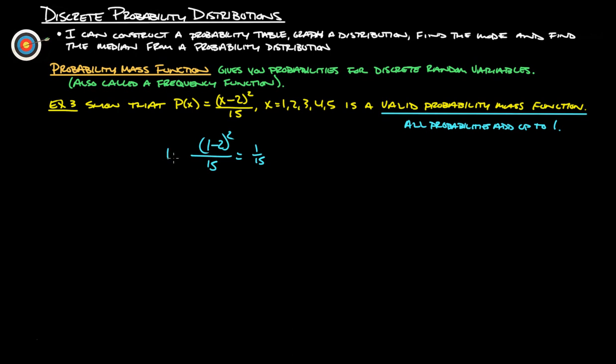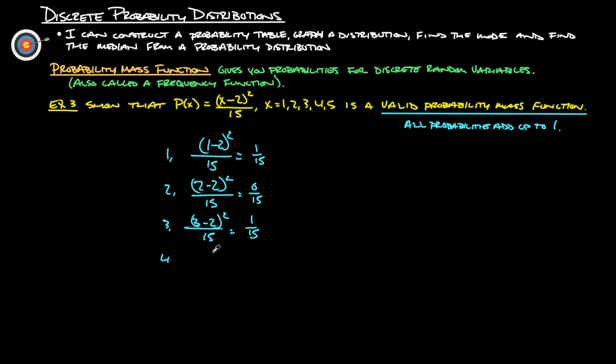So this is 1. For 2, we're going to get 2 minus 2 squared over 15, and that's going to give us 0 out of 15. Third one is 3 minus 2 squared over 15. 3 minus 2 is 1. 1 squared is still 1 out of 15. Plug in 4 there, and we get 4.